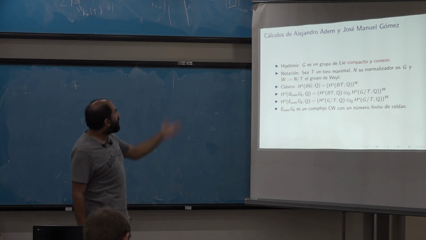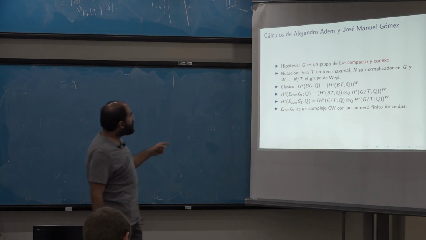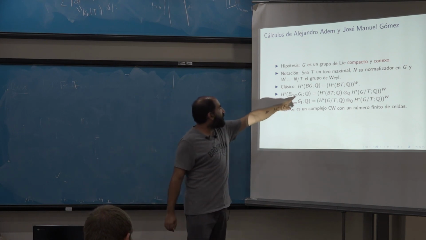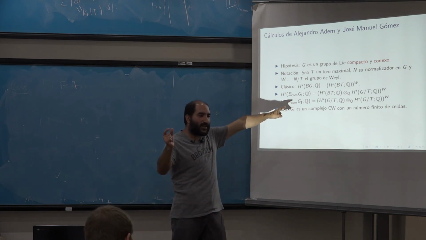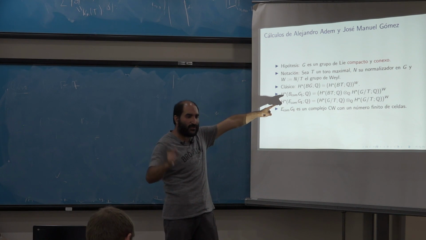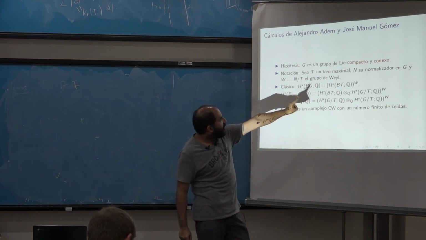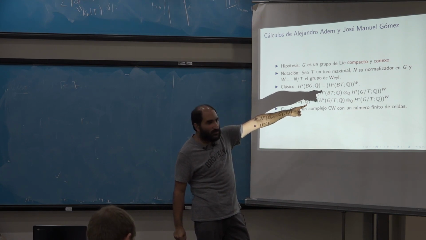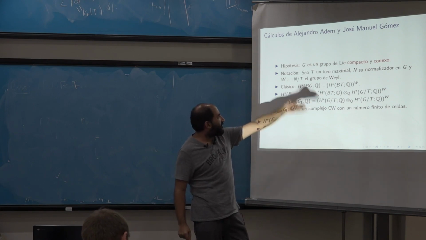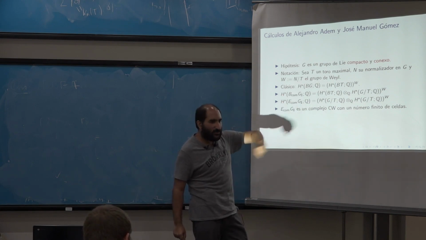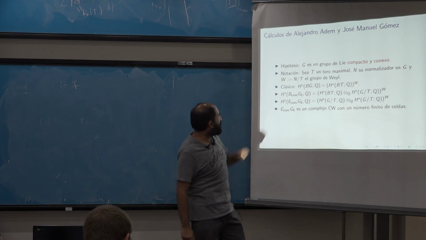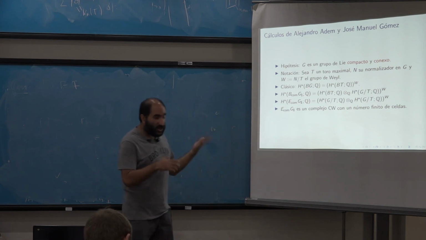In the same vein, Alejandro and Jose Manuel showed that for this variant where you take only the connected component of the trivial homomorphism, the rational cohomology is given by this expression. You take the cohomology of the classifying space of the maximal torus, the cohomology of G/T, and then the Weyl group acts diagonally on this tensor product. The Weyl group invariants give you the cohomology of B(G sub 1), the component of 1.